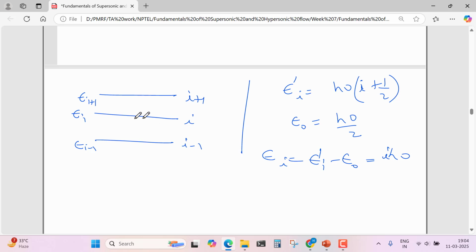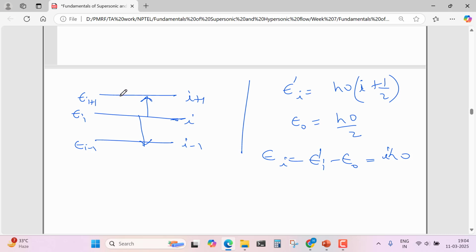So in what way can transition happen for energy level I? The particles can go from this energy level to I plus 1 or go to I minus 1, due to which the number of particles in energy level I will decrease.